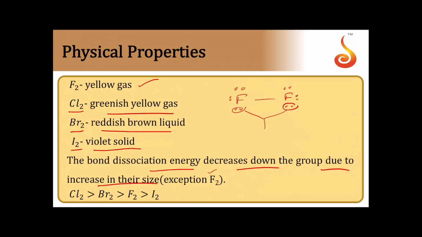So the repulsive force between these will decrease the bond strength. So the exception is fluorine, which has a lesser value. That is because of small size, non-bonding pairs undergo more repulsions, and repulsive force decreases the bond strength. So the order of the bond enthalpies is chlorine more than bromine, then fluorine, and then iodine.